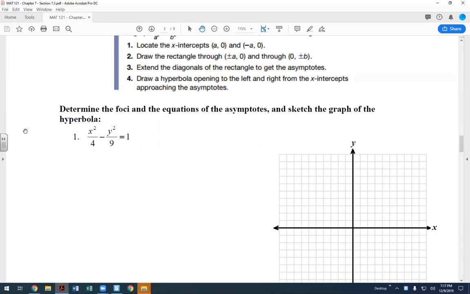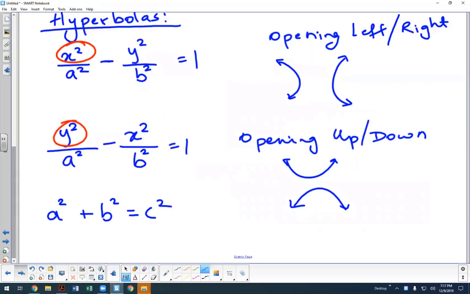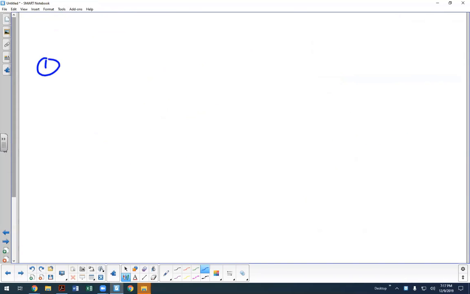Okay, so for this first example here, they are telling us to determine the foci, equations of the asymptote, and sketch the hyperbola. So you can see we have the x variable mentioned first, right? It doesn't matter where the larger denominator is, it's which variable is mentioned first.